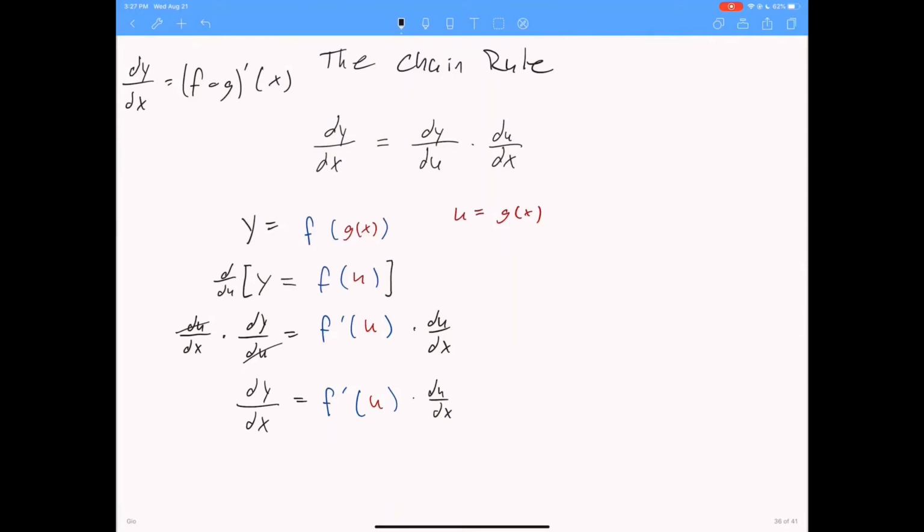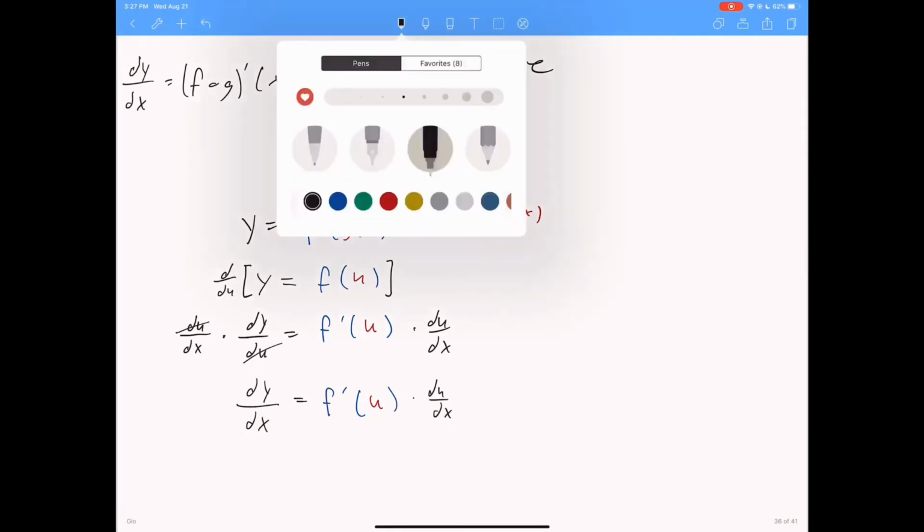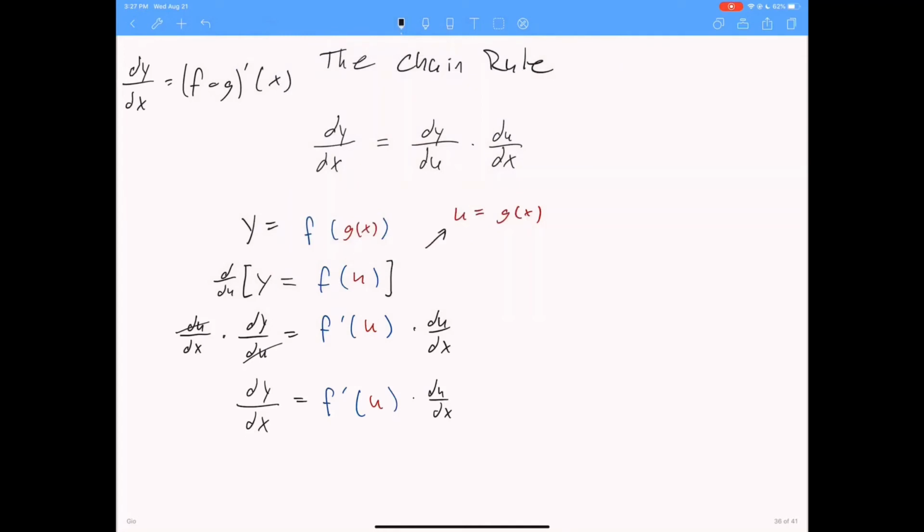Now, what is du dx? This is something we can evaluate. We said u was equal to g of x, so we just take the derivative. We get du dx is equal to g prime of x. Since we already know this is with respect to x, we can just put g prime. Let's get this back in terms of x instead of having u's everywhere.